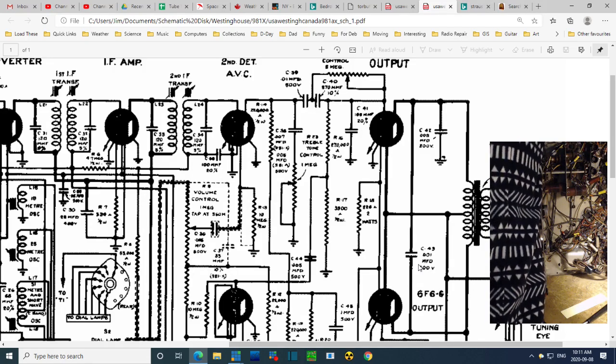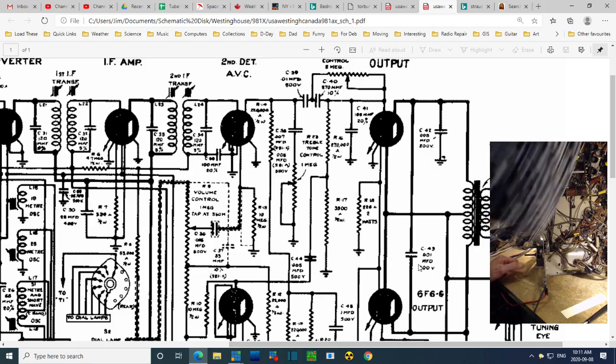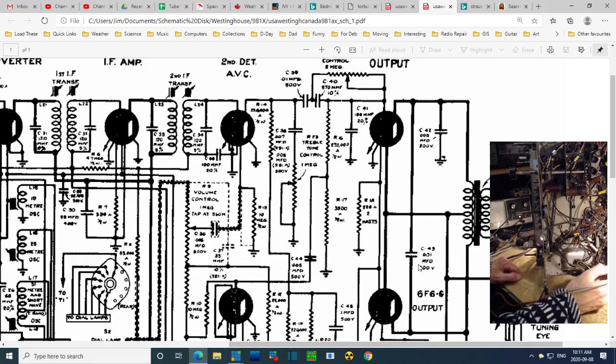Wow. Those are the output tubes I'm tapping. This one's very, very, very.